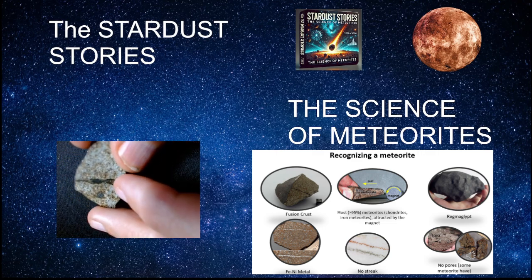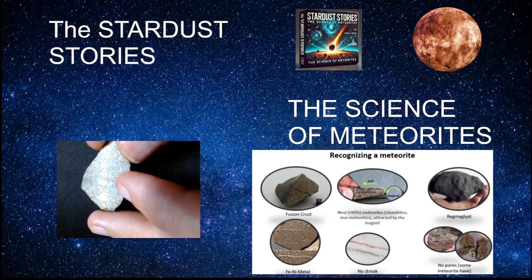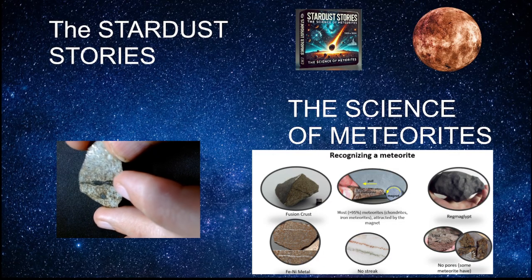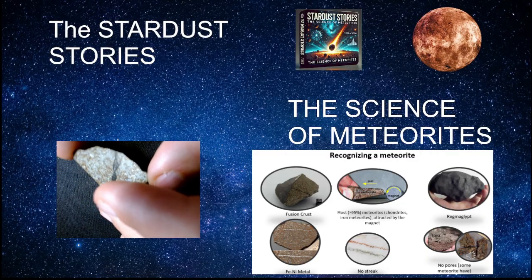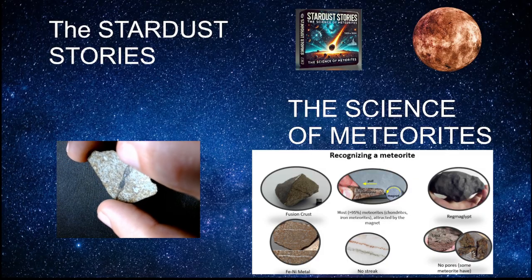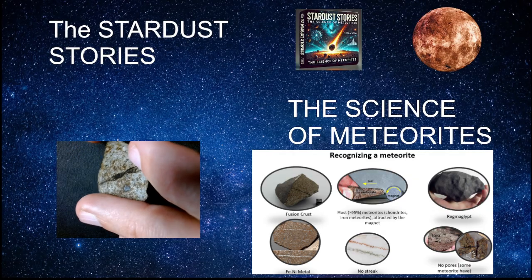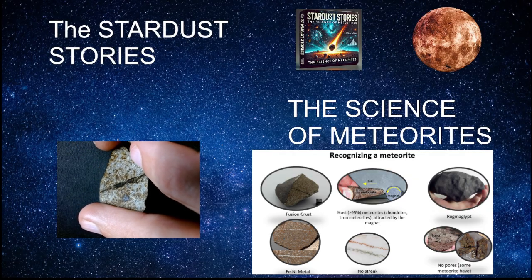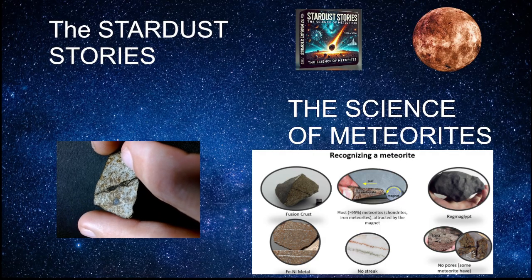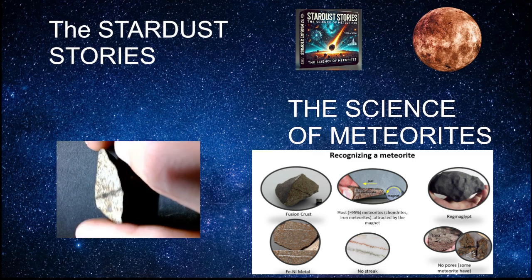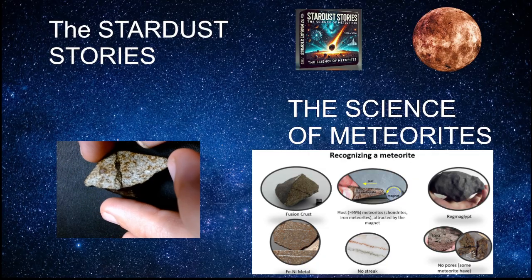The presence of melt veins, the presence of metal at the surface or the interior of this material, which is very magnetic, is another possible diagnostic feature. It's not always the case. We might have some meteorwrongs or rocks from our Earth, terrestrial rocks, that are also a bit magnetic. However, it is very likely for a meteorite to be attracted by a magnet.